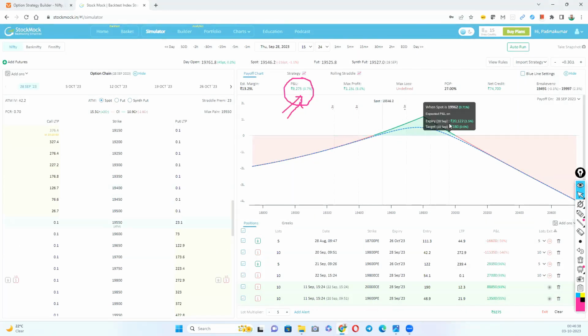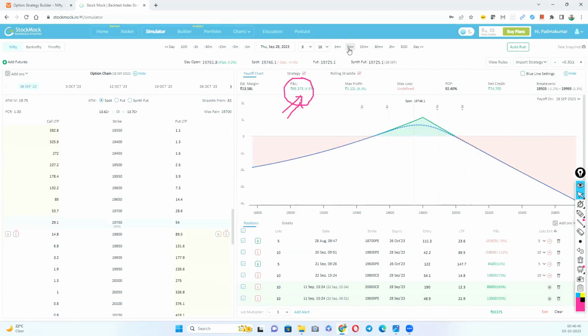We won't hold this trade till the end of the day, right? So we'll go to the start of the day, and whenever we see good profit, then we will exit. This is 65,000 at the start. We'll just keep moving, checking every 50 minutes.